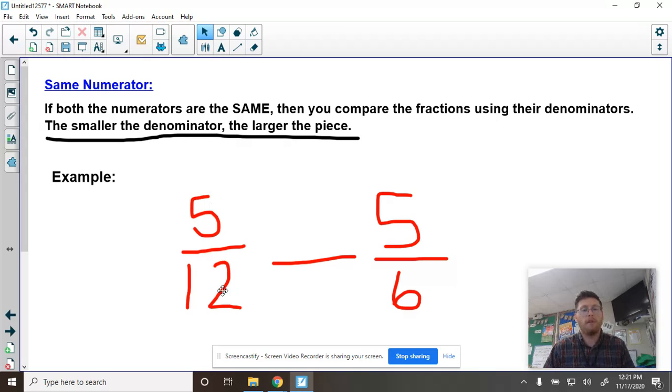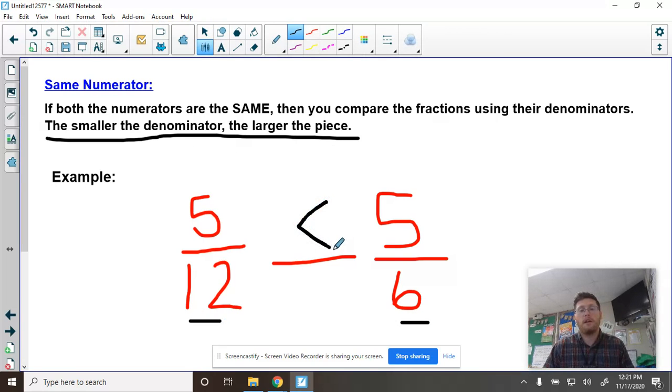This is 5/12, this is 5/6. Which one of these is the smaller of the denominators? In our case, 6 is smaller than 12. So that means that 5/6 would be larger than 5/12, because the 6 is smaller than the 12.